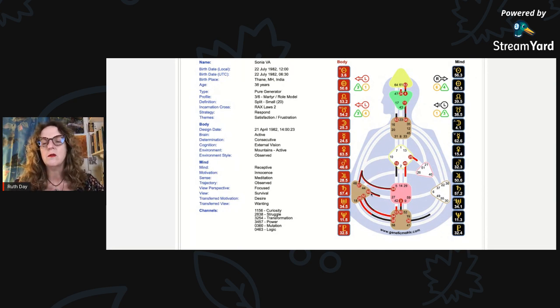And with any of these charts, what they are is our potential. So if you're listening to a reading of your chart and you're going, well, that's totally not me, we have choices in front of us. I talk a lot about the master path, the student path, the shadow path. Each one of these gates, each one of these centers, each one of these designs has a master path and a shadow path.